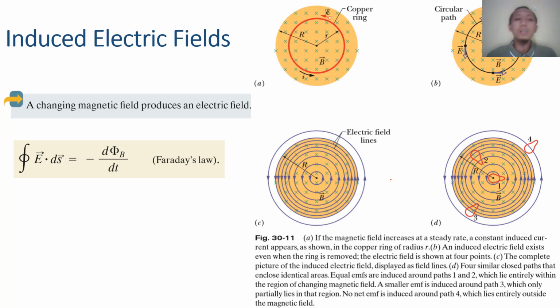And then the changing of a magnetic field produces an electric field.